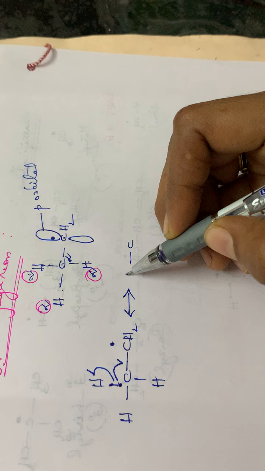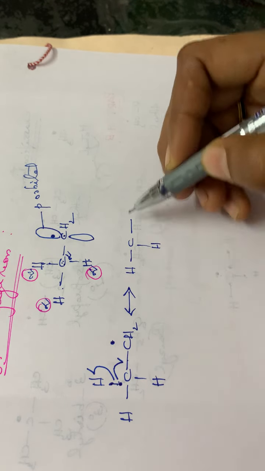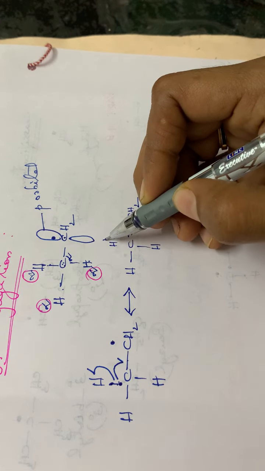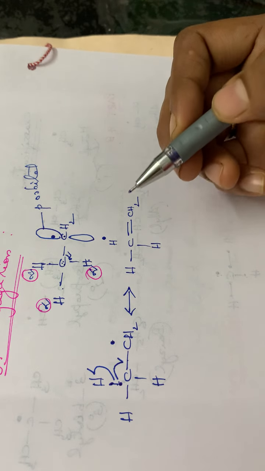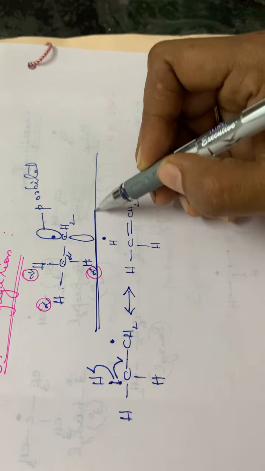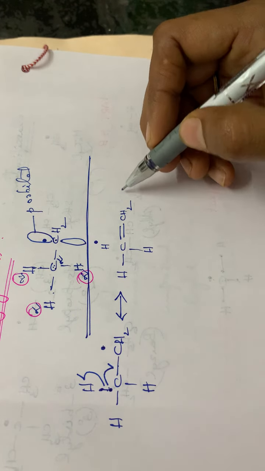So we will have CH3, then a double bond CH2, then a hydrogen atom with no bond between this carbon and hydrogen. It is called no bond resonance, isn't it? We have studied it in hyperconjugation. So this is the first hyperconjugative structure.